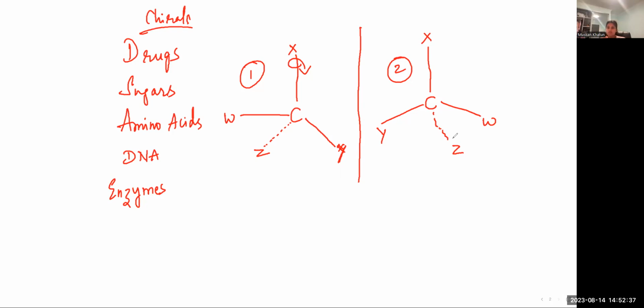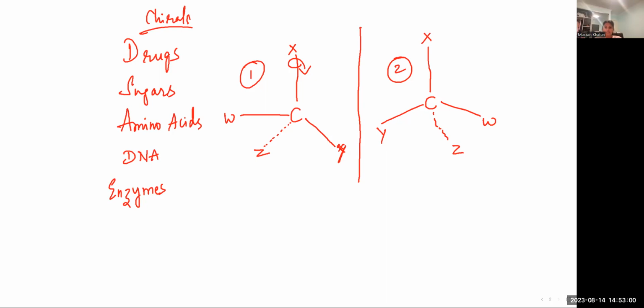Even if I rotate this to the other side, y and y will not overlap. What I'm trying to say is none of the structures, when you rotate them, is going to form the structure same as the mirror image, which is compound 2.